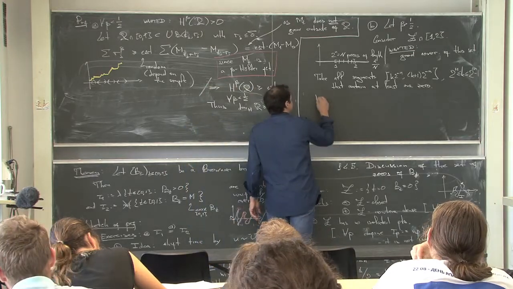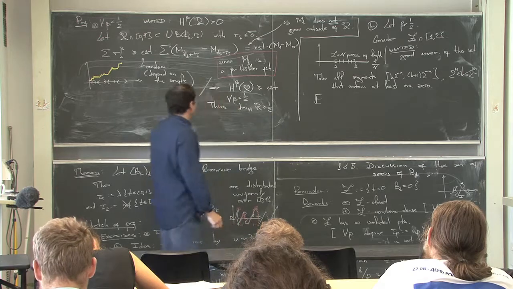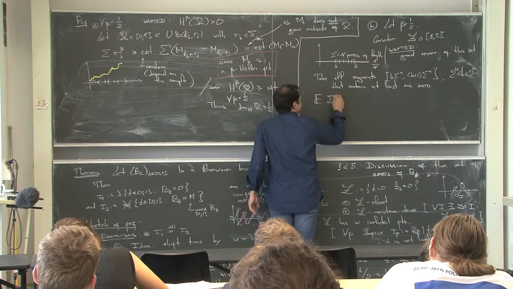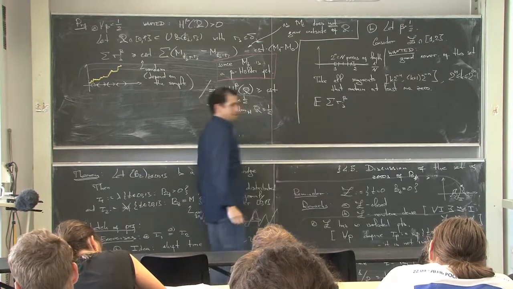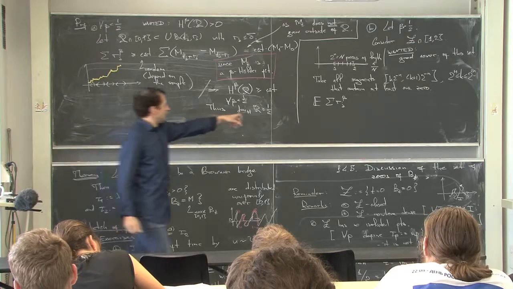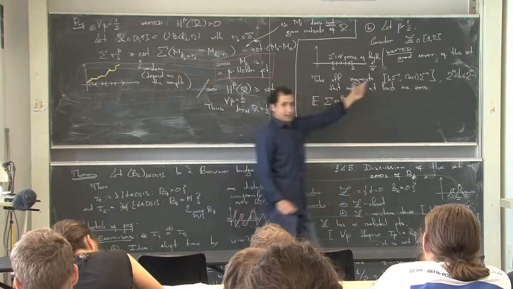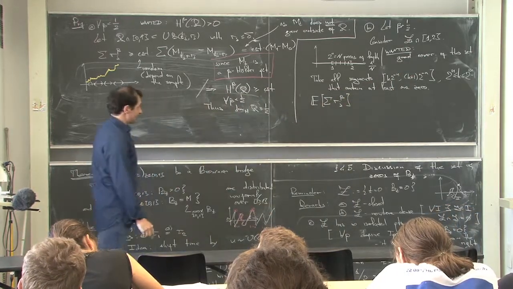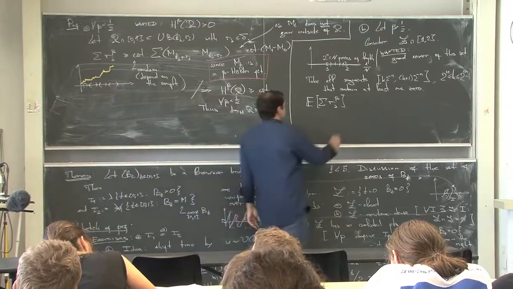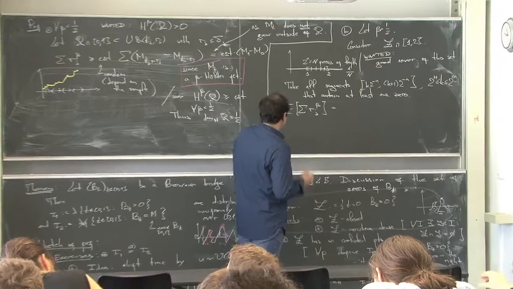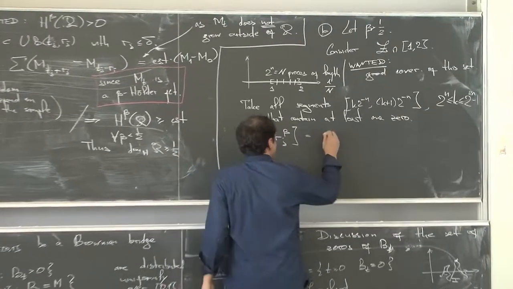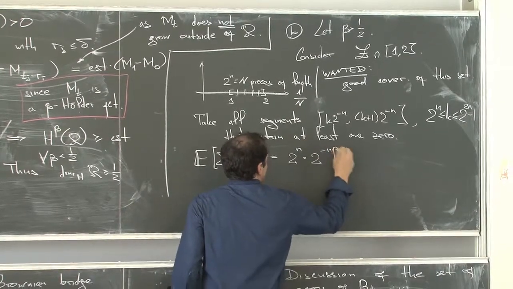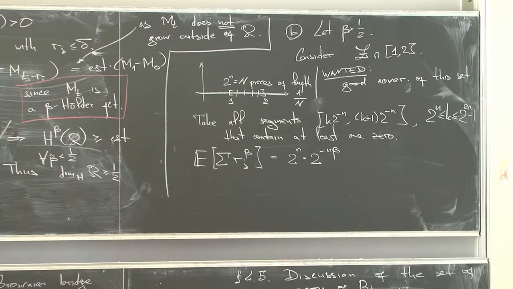Good. So what is there? What I would like to do is to compute the expectation of such a sum. Do we understand what it means? I just consider all the balls which are these segments. So what is the expectation? Well, first there are 2^n balls, then each has a fixed size, 2^-n, so I have 2^(-n beta).